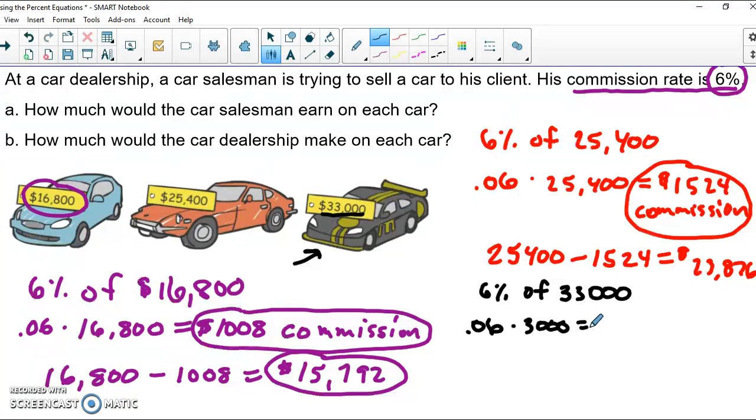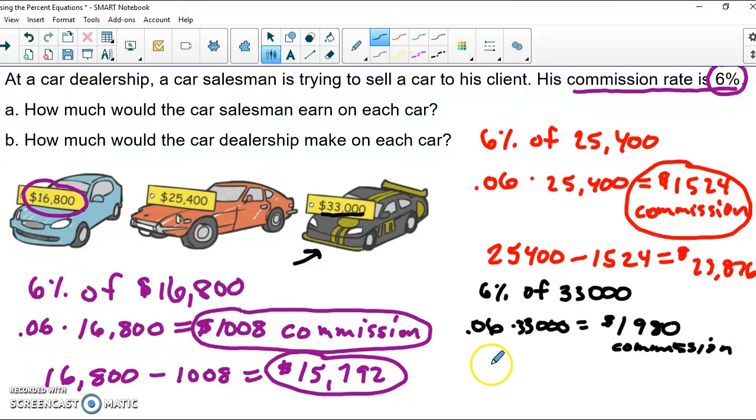So 0.06 times 3,000. I'm sorry, not 3,000, of 33,000. 0.06 times 33,000 equals $1,980. That's the amount of commission that the salesman makes.